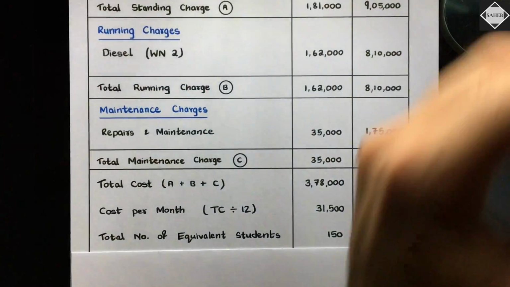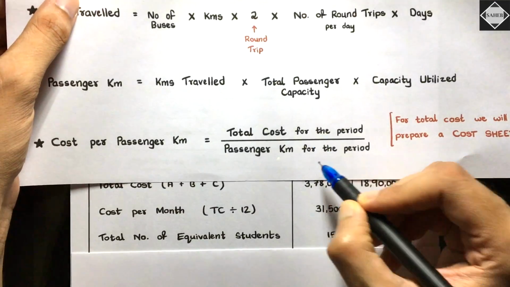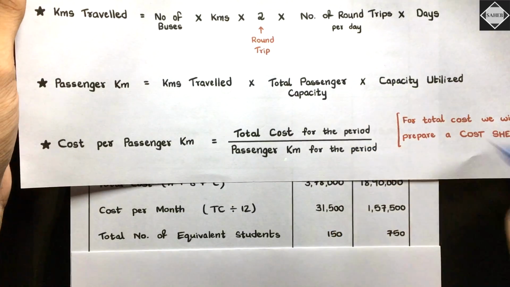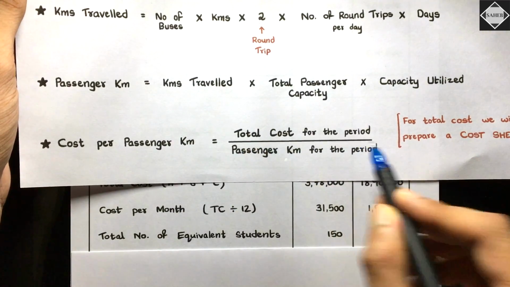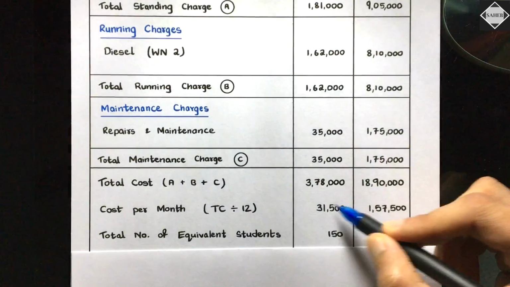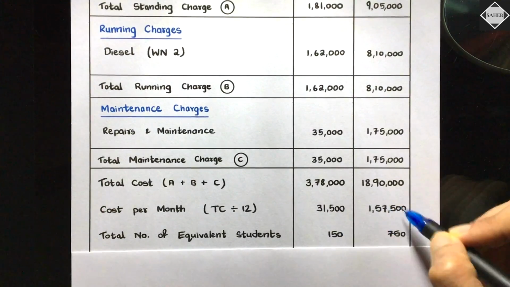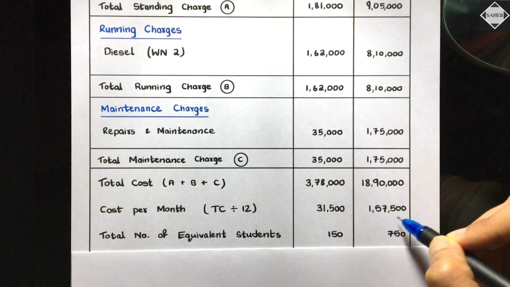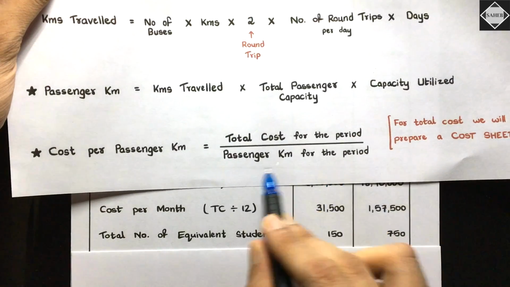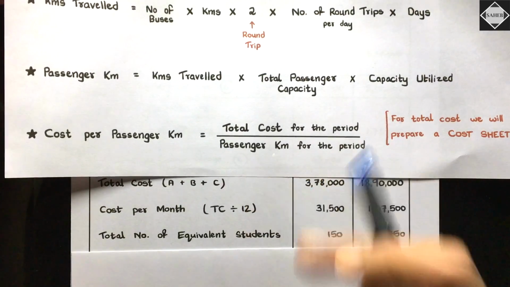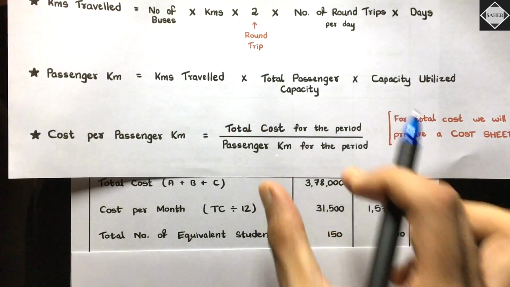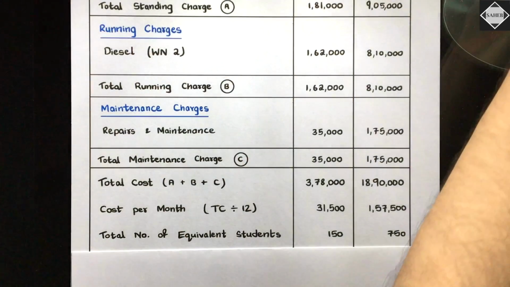You all know now what happens in this chapter. In this chapter, two things are there: numerator and denominator. In the bus question we saw the total cost for the period, 31,500, and this is for 5 buses, 1,57,500 for the year. Numerator we easily got. For the denominator we need the cost units, which are passenger kilometers there, and here the cost units are students.